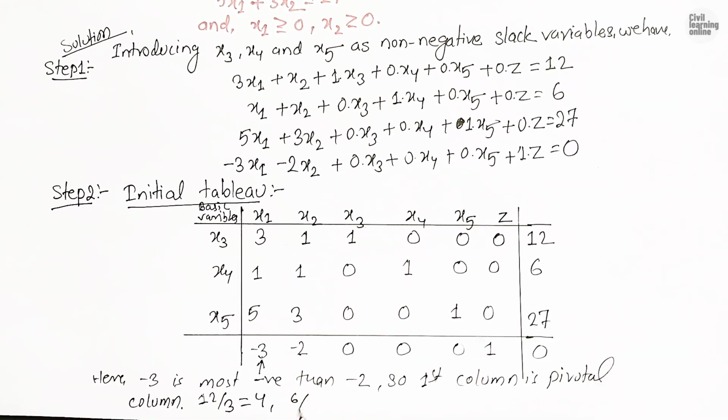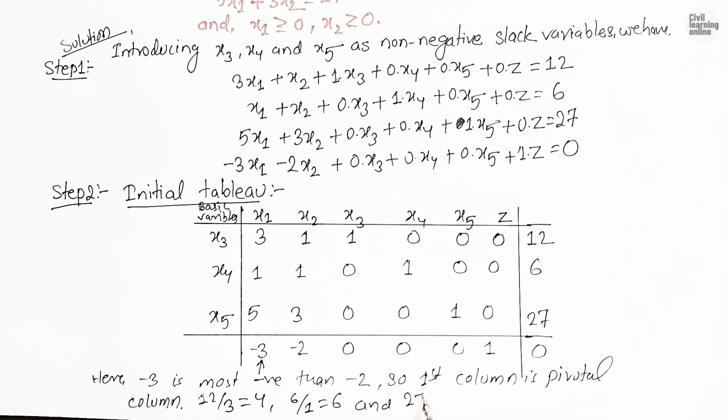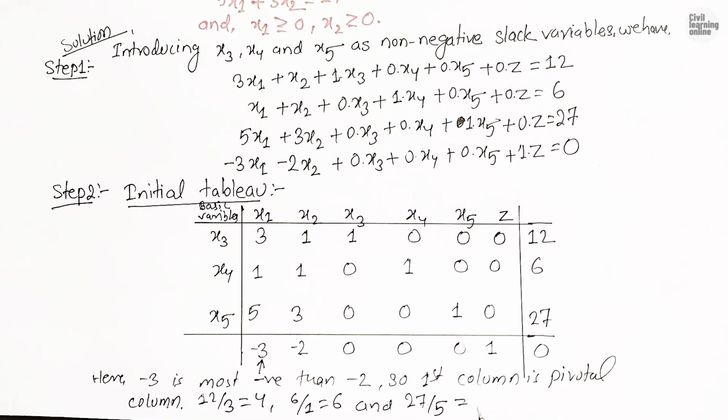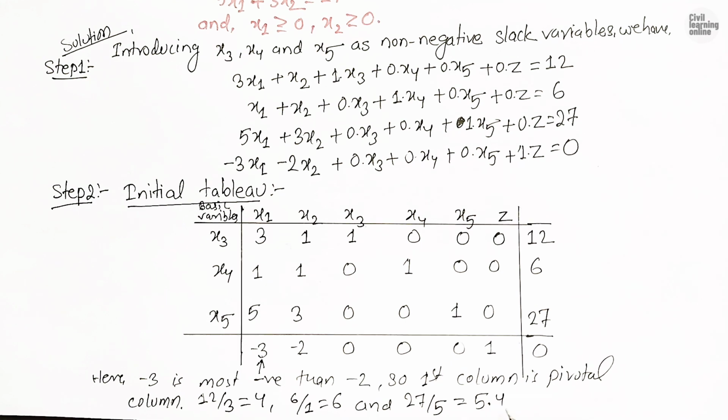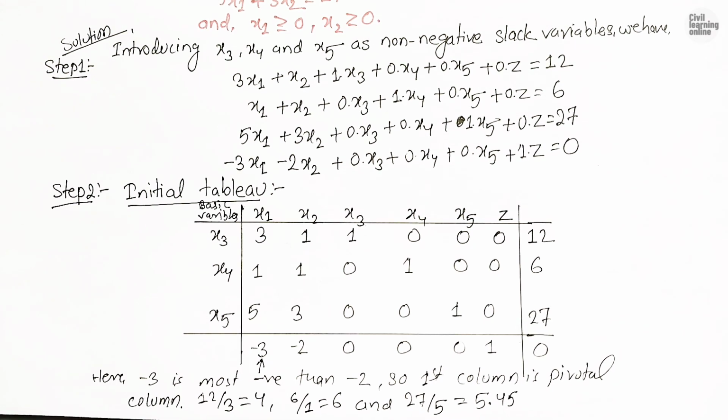Similarly 6 by 1 is equal to 6, and 27 by 5 equals 5.45 or something. So the least among these three values is 4.